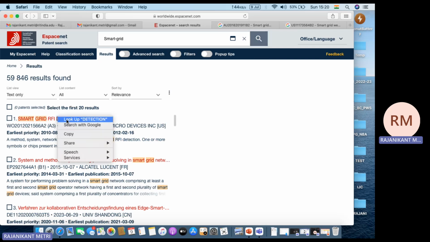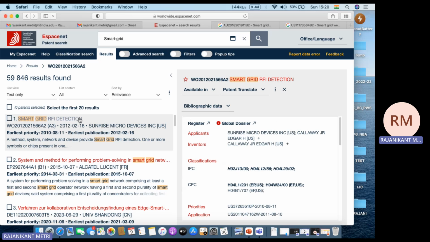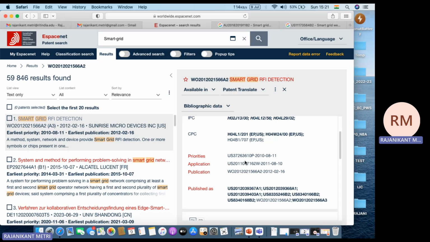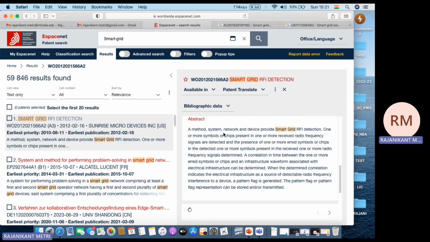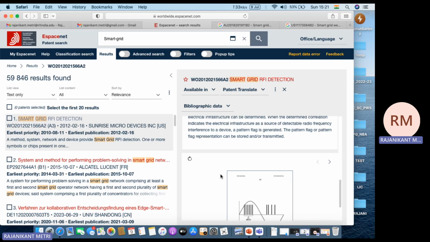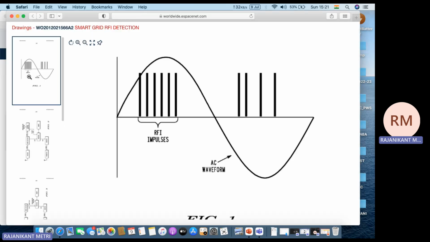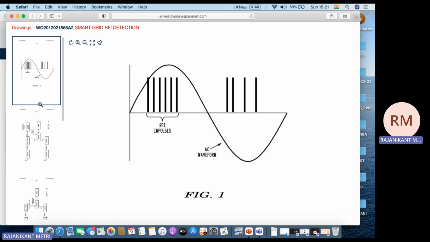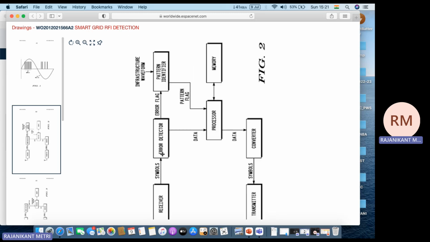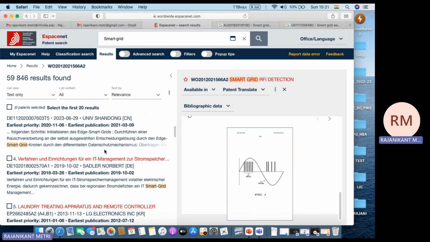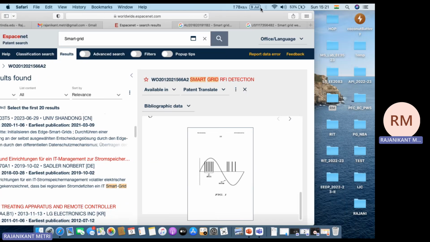See here again we get application, inventor, classification, priorities, application, publication, published as, and then the total. The abstract is given, the description and detailed descriptions are given. Drawings are given to support the detailed description.